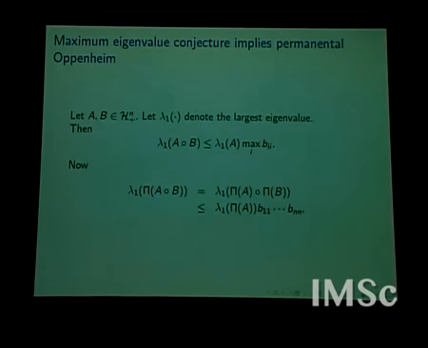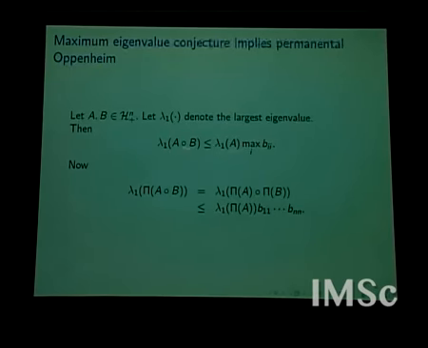Okay, just a small remark: the maximum eigenvalue conjecture does imply the permanental Oppenheim, and this is because of a simple observation that if you take two matrices and let lambda 1 denote the largest eigenvalue, then lambda 1 of A Hadamard product B is less than or equal to a simple bound.